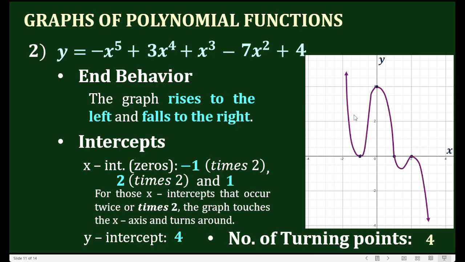So the graph touches the x-axis at -1 and turns around. In the same manner, the graph touches the x-axis at coordinate 2 and turns around. It means we have just accurately drawn the graph of this polynomial function in number 2.